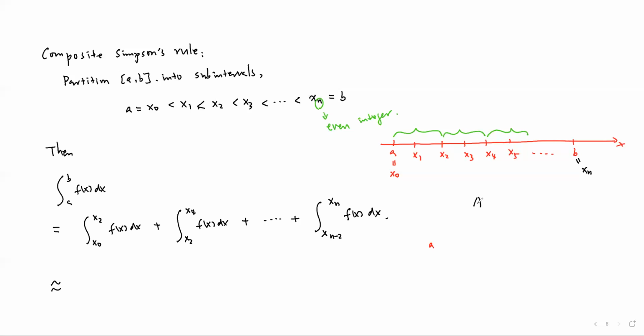Let me further assume these points, the partition points, are evenly spaced, with the space size, the distance between two adjacent partition points, h equal to B minus A over N. N is an even number.